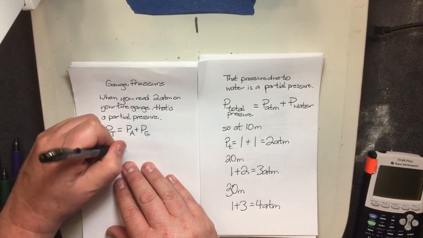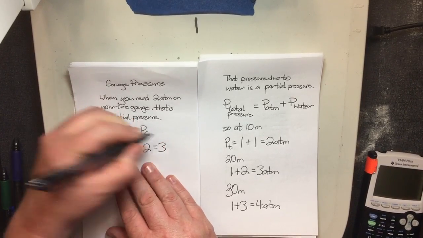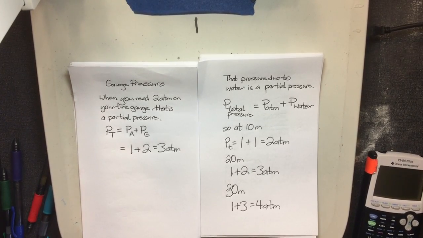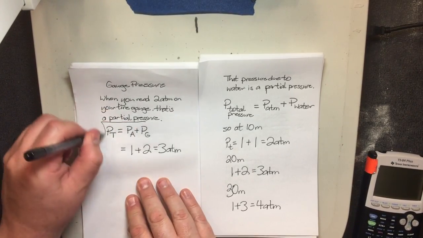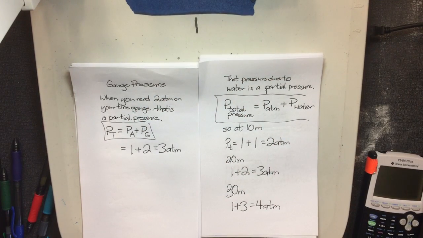So total pressure for this would be 1 plus 2, which is equal to 3. So remember that there is a difference, there is something called partial pressure.